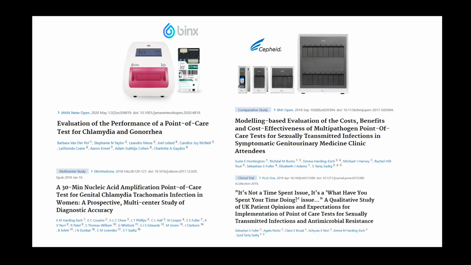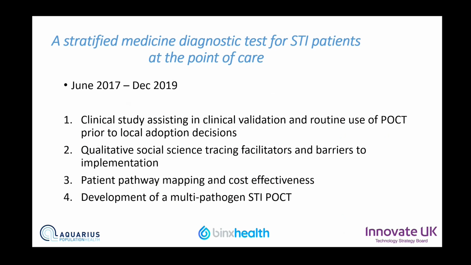There's been quite a lot of research that has shown that these tests are highly accurate and comparable in accuracy to laboratory-based tests, as well as cost-effective and acceptable to patients and clinical providers in some settings. Yet many of these tests are not implemented into routine care. So, as part of a study that was co-developed by my colleagues at St.